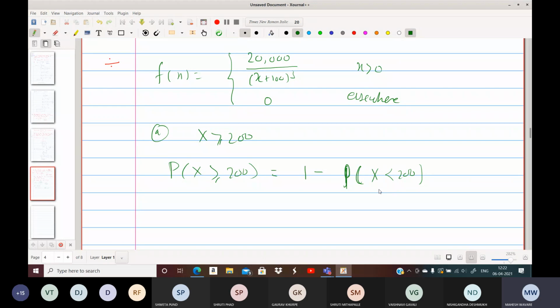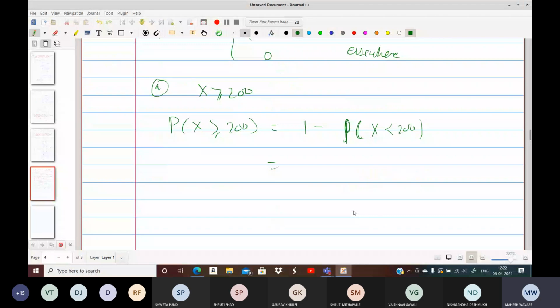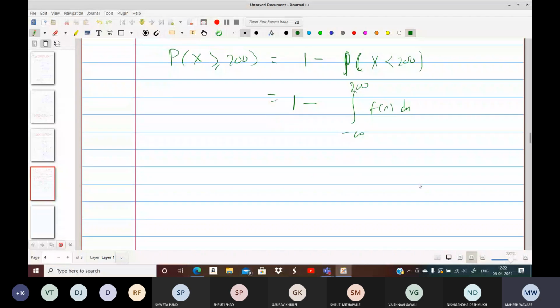So by the total probability rule, 1 minus at most. So it is 1 minus the integral from minus infinity to 200 of f of x dx. We know the value of f of x exists for x greater than 0 only.